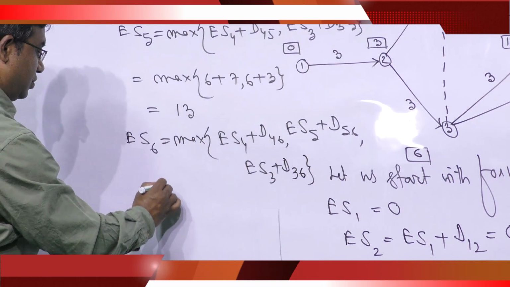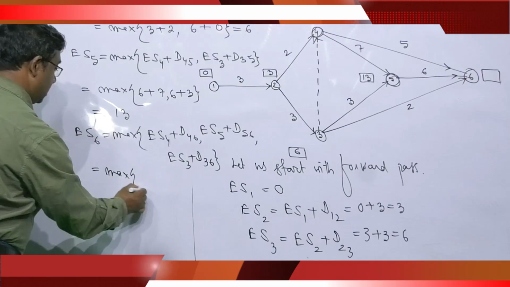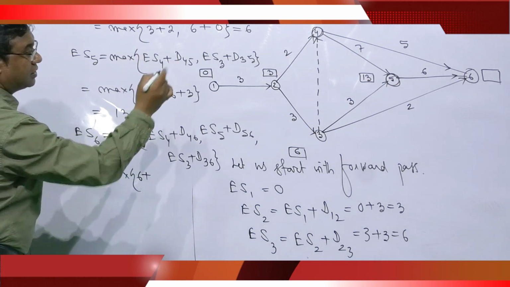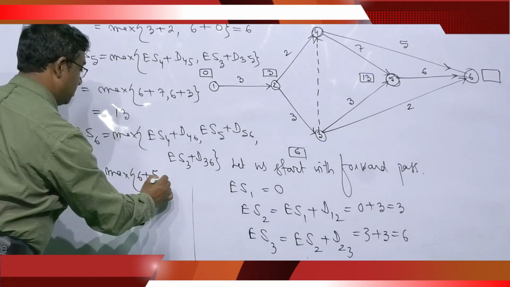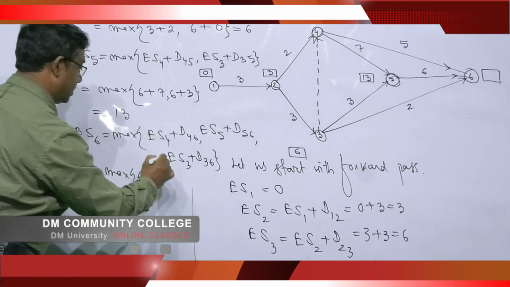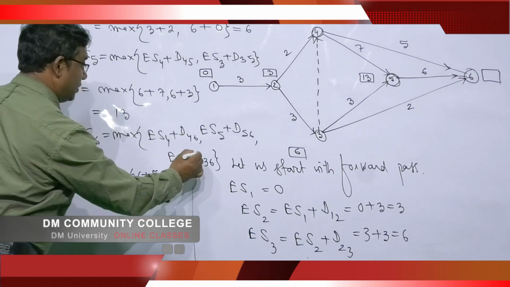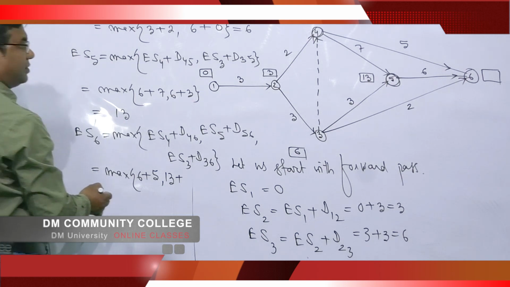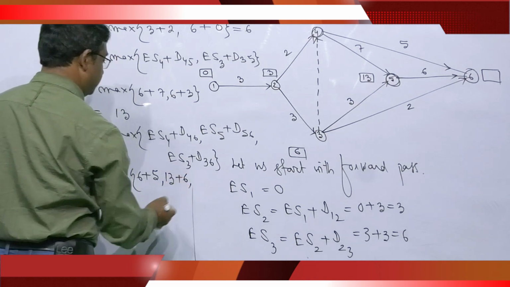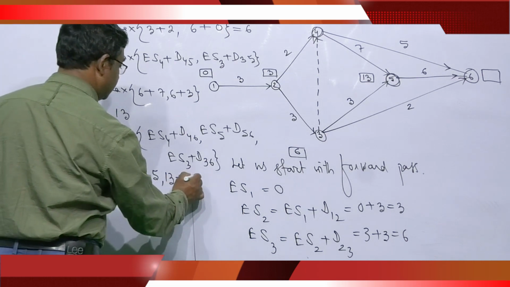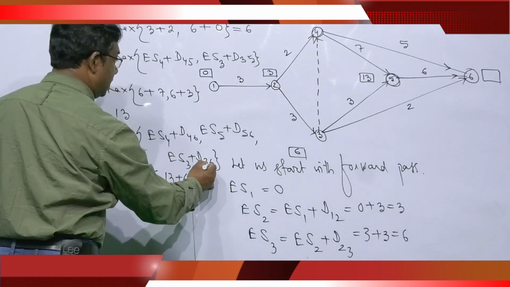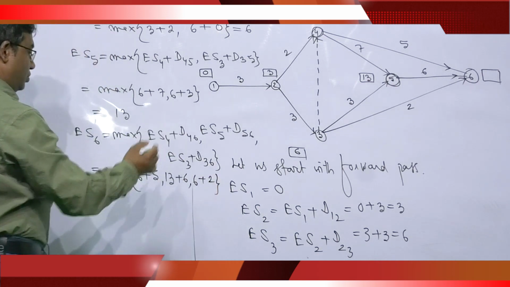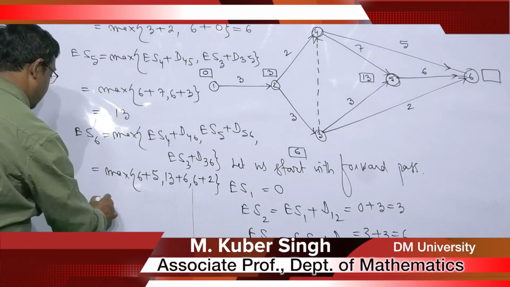This is equal to max of ES4 6, D46 5, ES5 13, D56 6, ES3 6, D36 2, the duration of the activity.